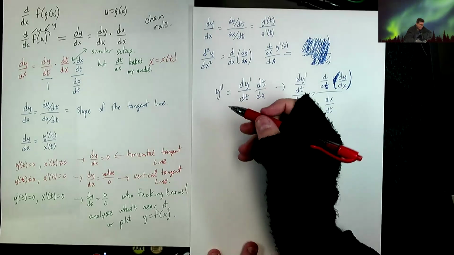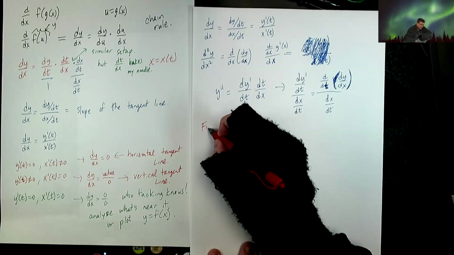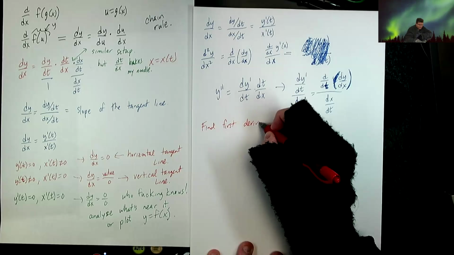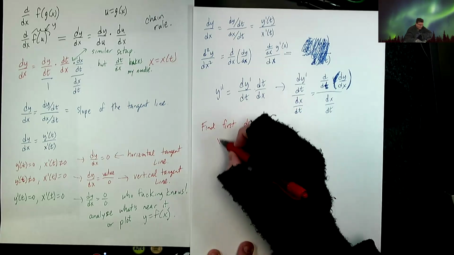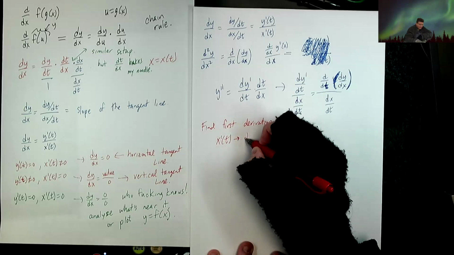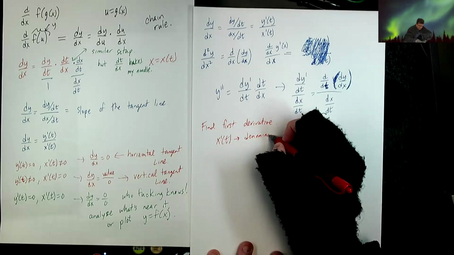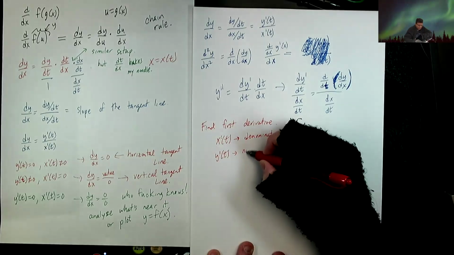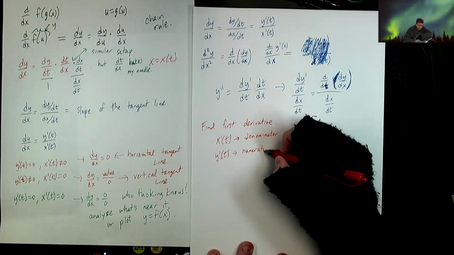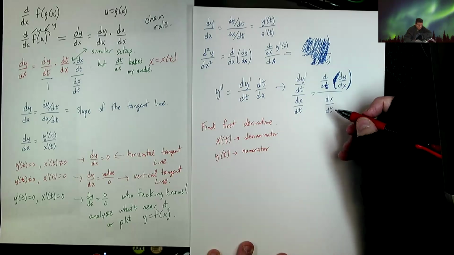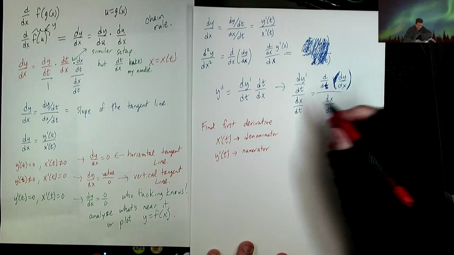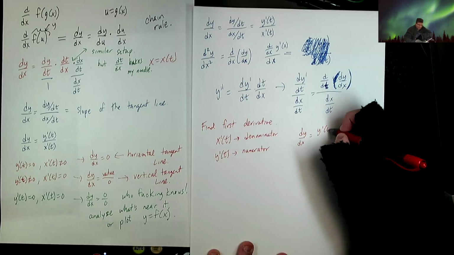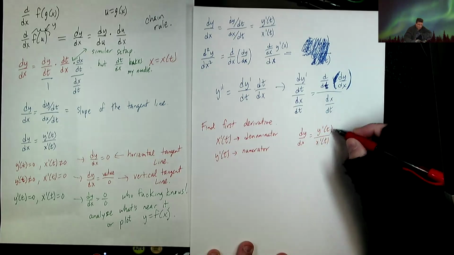So the way you find the second derivative is find the first derivative. You take x prime of t, that's the denominator. y prime of t is the numerator. And you will get dy/dx, y prime of t over x prime of t, in terms of t.